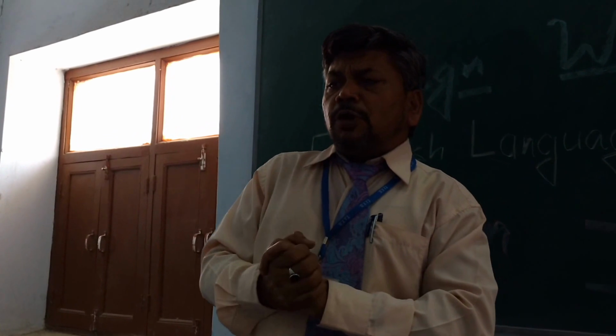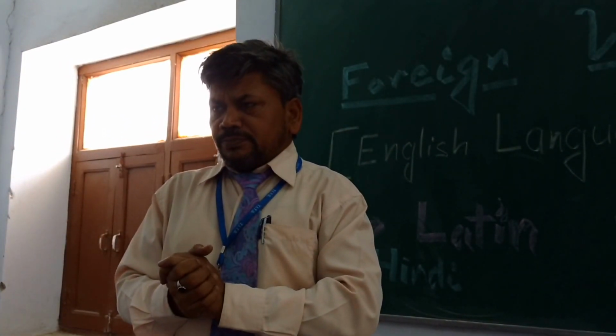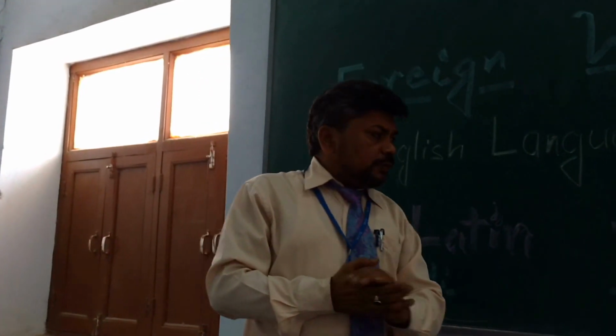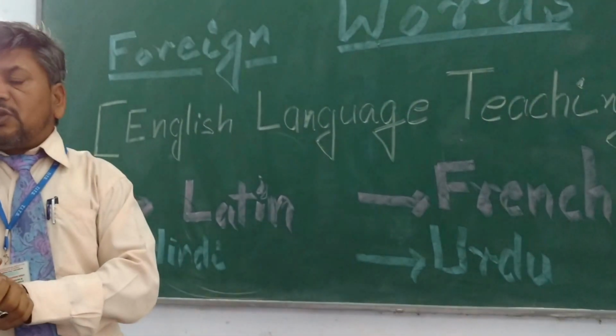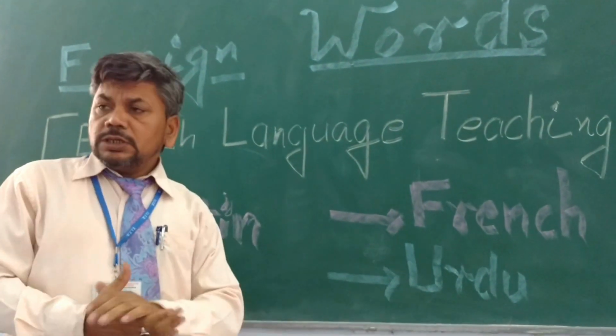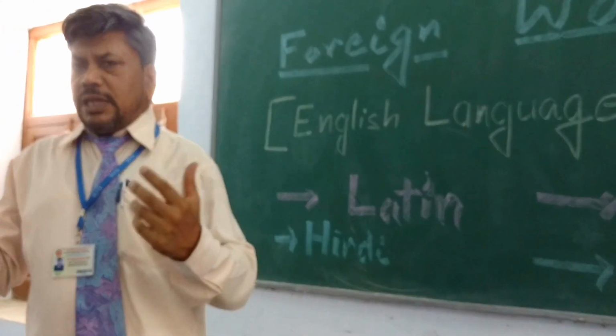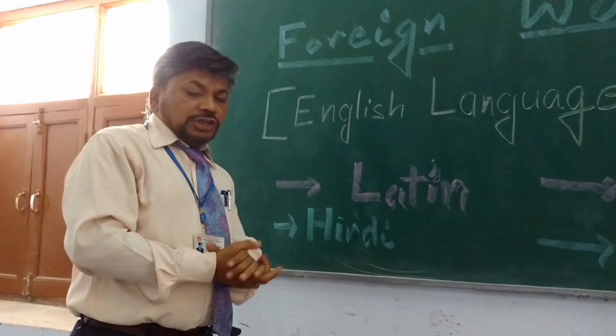Then Jungle Book, jungle, again an Indian term, bazaar. Then so many Urdu terms are also found adopted in English: Talaq, Nawab, Sahib, and then words from Farsi, and French words and Latin words.